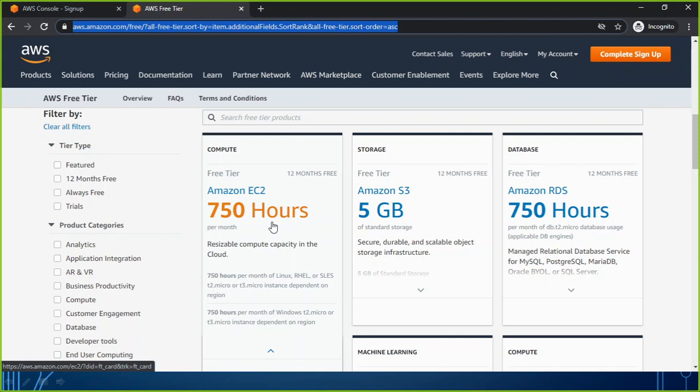What does it mean? If you create a virtual machine, an EC2 instance, you will be able to run it up to 750 hours per month, then it will be free of cost. But if you run more than that, then you will be charged. So it's a very simple calculation. If you know basic calculation, you can check it also.